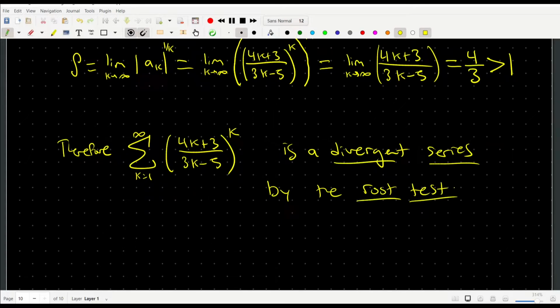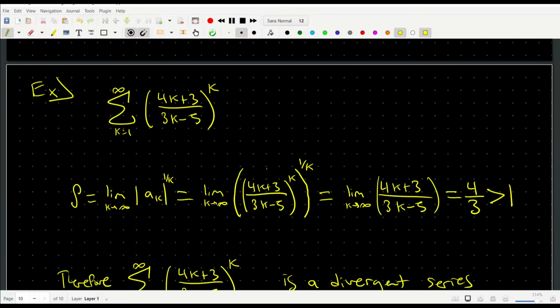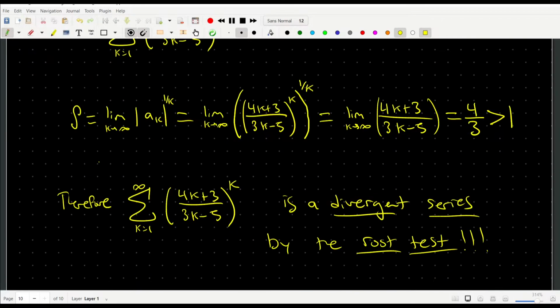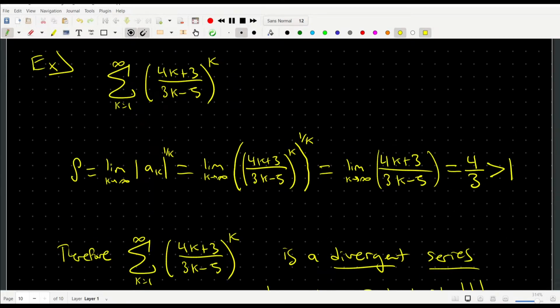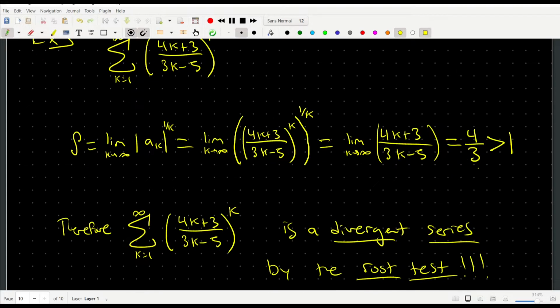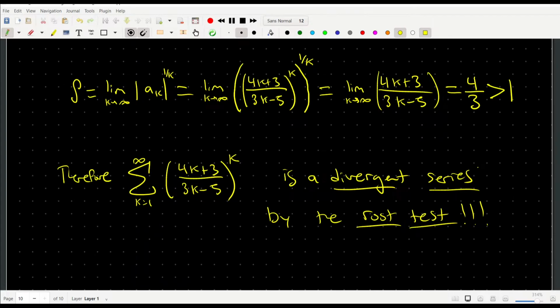And again, the main idea is that what this limit we're calculating is telling us is that for large values of k, very far into this series, it is behaving very similar to a geometric series with an r value of 4/3. And we know that if a geometric series has an r value of 4/3, it diverges. So this is the intuitive way of understanding this.